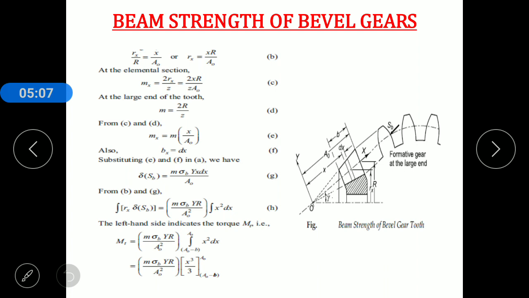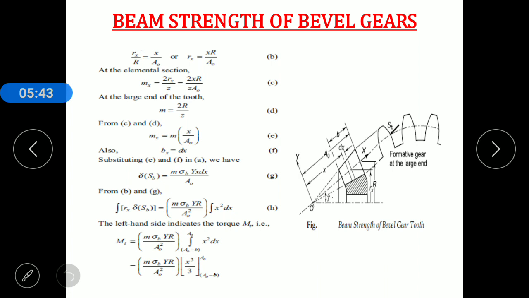Now, at the large end of a tooth, we consider a complete bevel gear. At the large end of the tooth, the module of that bevel gear is found by using the relation 2R divided by Z, where R is the pitch circle radius of the bevel gear. This equation is considered as equation D. From equation D, R is equal to mz divided by 2.